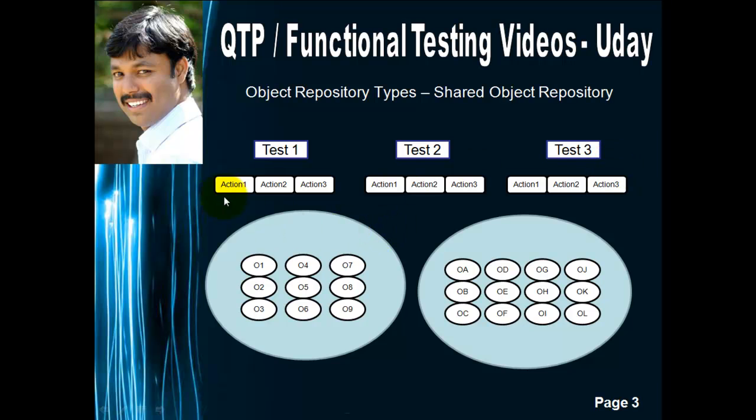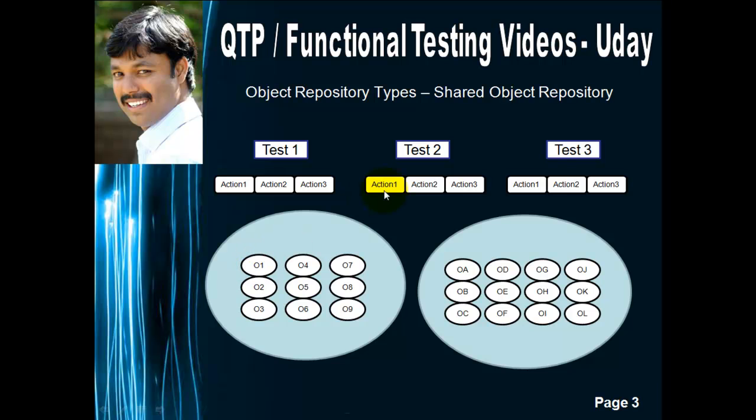For example, in my test 1 action 1 I am using this object 1, and in test 3 action 1 I am using the same object, and in test 3 action 3 also I am using the same object. If I change the object description here, the changes will be impacted to the rest of the actions where I am referring to this object.